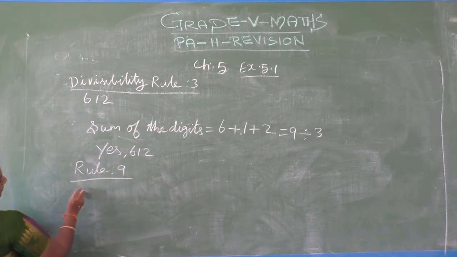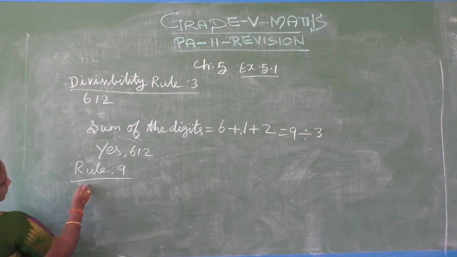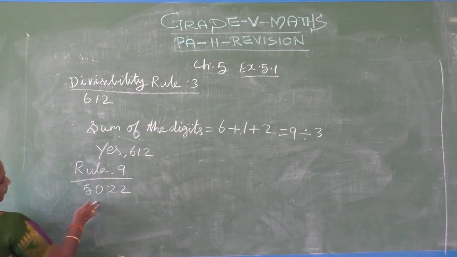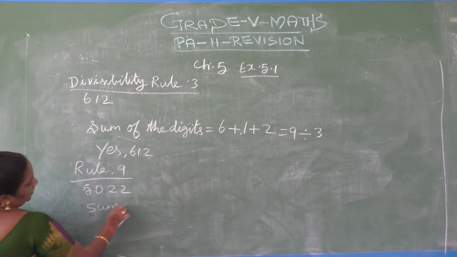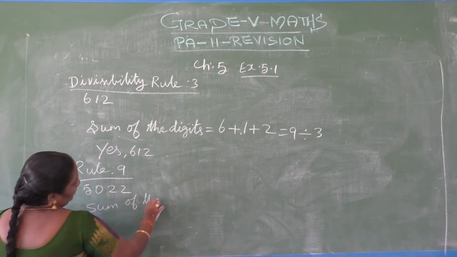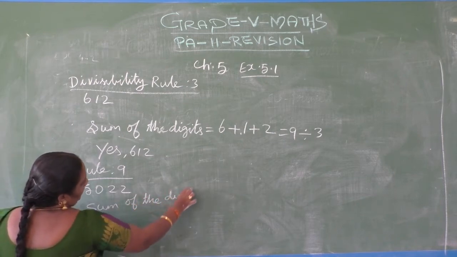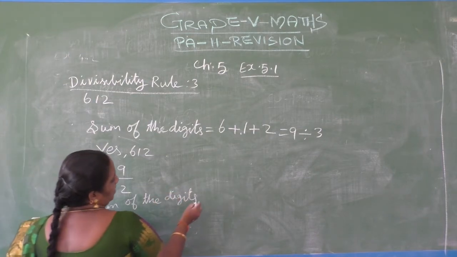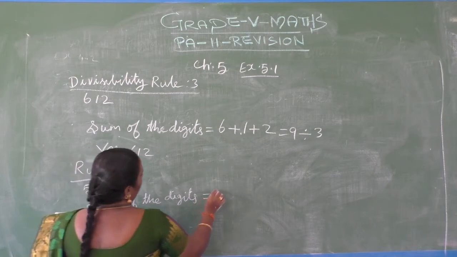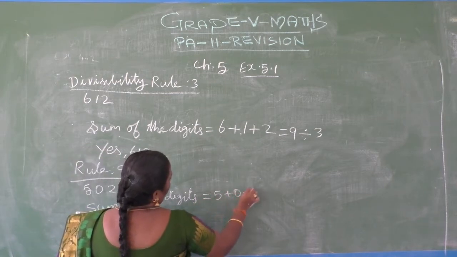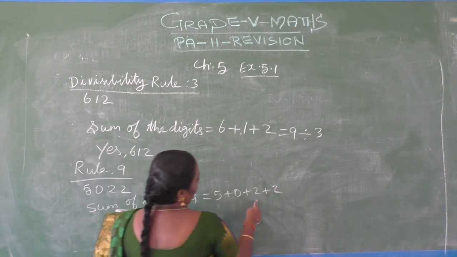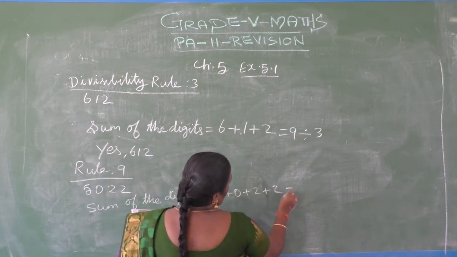For 9 it is the same as that. For 9 also, the sum of the digits divisible by 9 means the whole number will be divisible by 9. 502 plus 2, so what will come? 5 plus 2 is 7, 7 plus 2 is 9.